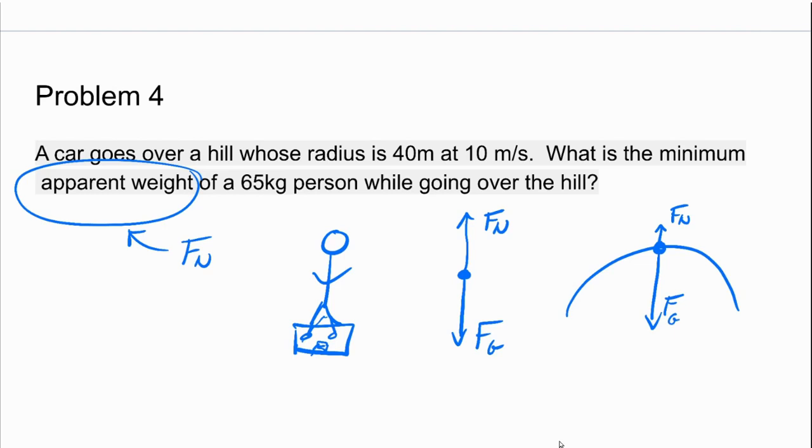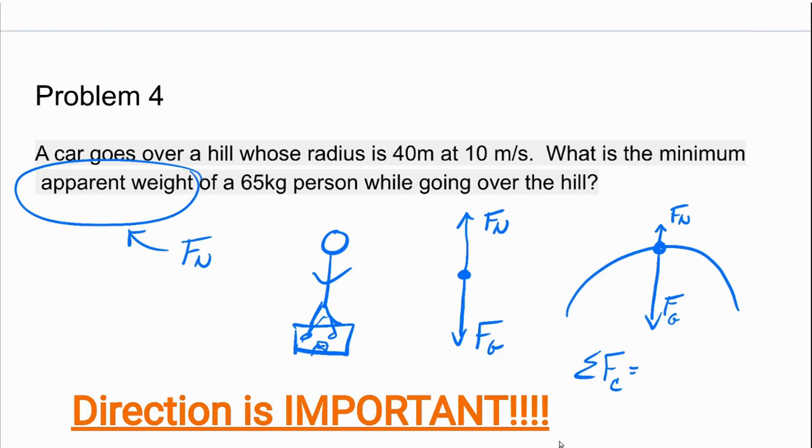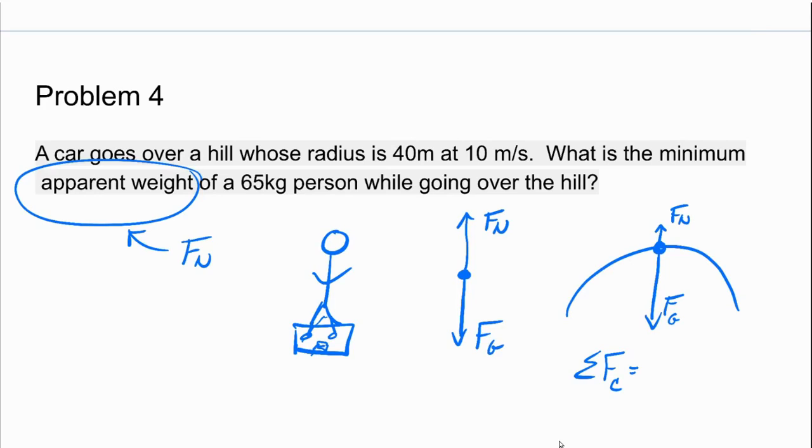So when you do the sum of your forces towards the center of the circle, you're going to want to make sure that the center of the circle is down. So Fg will be positive. And then you go minus Fn because that's away from the center of the circle, and that'll be equal to mass times acceleration to go in a circle.